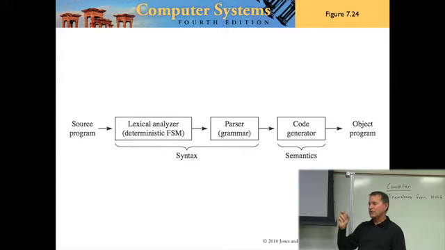All right? So the thing that I'm trying to get across here is that this figure shows the syntax broken into two parts. The first part is called the Lexical Analyzer, and the second part is called the parser. Another word for the Lexical Analyzer is a tokenizer.